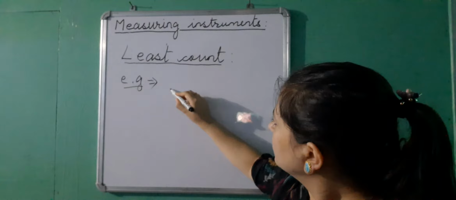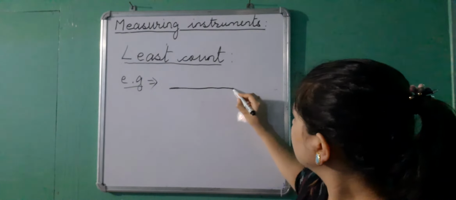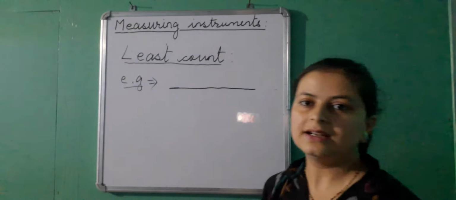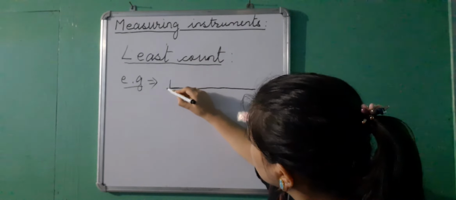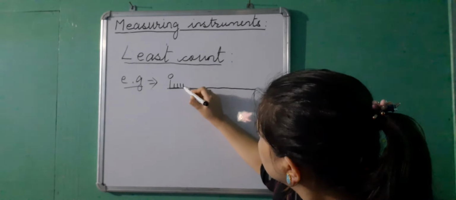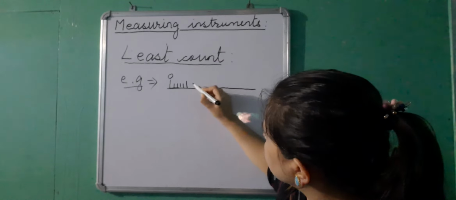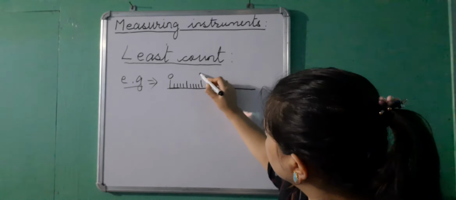an example of a scale that we use in day-to-day life, that is called a meter scale. All right. Now, if you have noted the markings 0, then 5 is a little higher, 1.